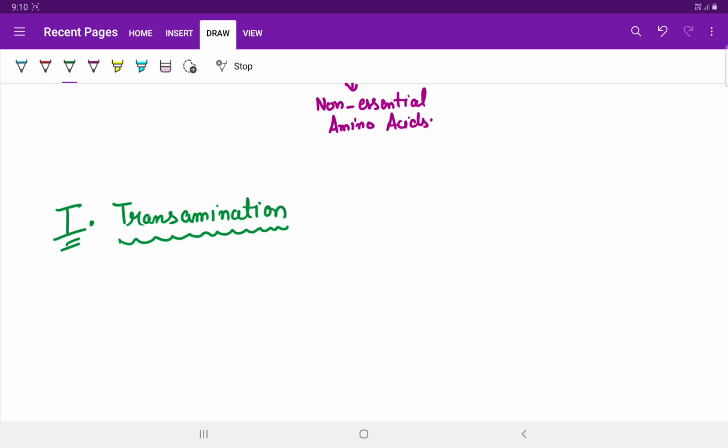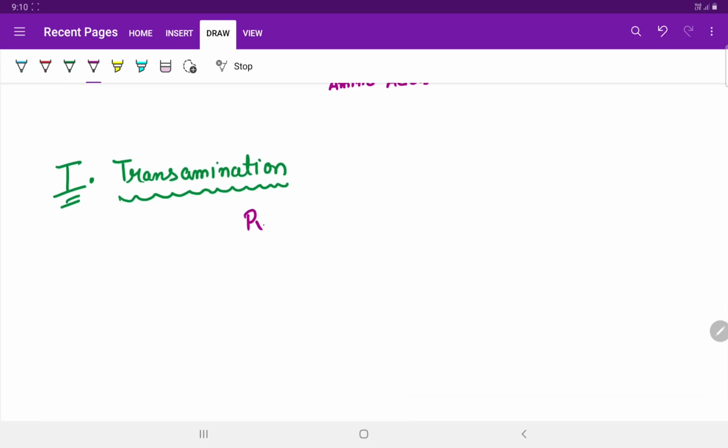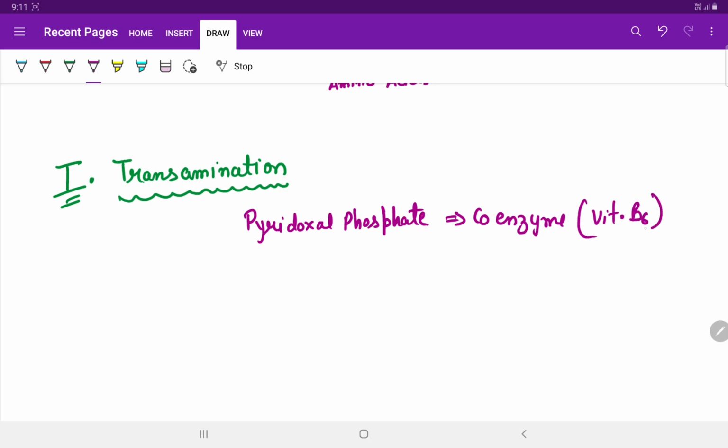They all require pyridoxal phosphate, a coenzyme that is derived from vitamin B6. So in these reactions, pyridoxal phosphate is utilized as a coenzyme. This is a derivative of vitamin B6.